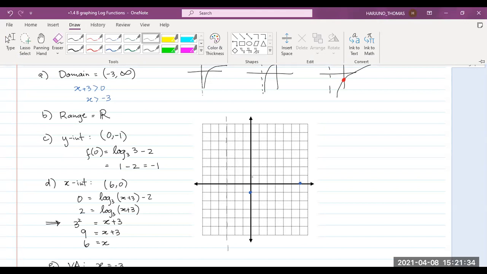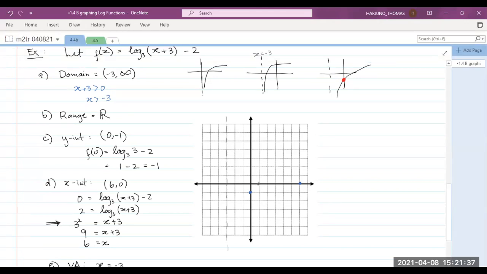Those 3 important coordinates were (1, 0), (3, 1), (1/3, -1). Remember that? Now, move these 3 coordinates according to the transformation. You move 3 units to the left, 2 units down. For example, this point here, if I move 3 units to the left and 2 units down, oh, that gives us the y-intercept right now. Okay, so that one is done.